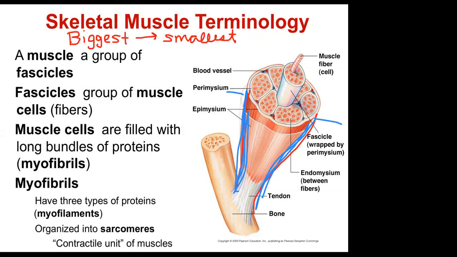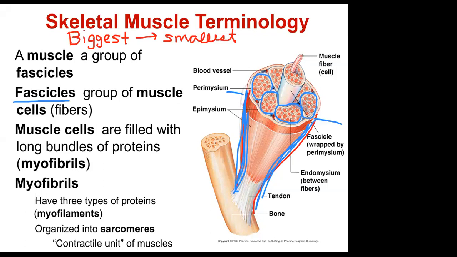So inside the muscle, of course, we expect to see muscle cells. But those muscle cells are organized in a specific fashion. And they're organized into bundles that we call fascicles. So here I'm highlighting in blue several of the different fascicles that are shown here. So a fascicle is just a group of muscle cells.